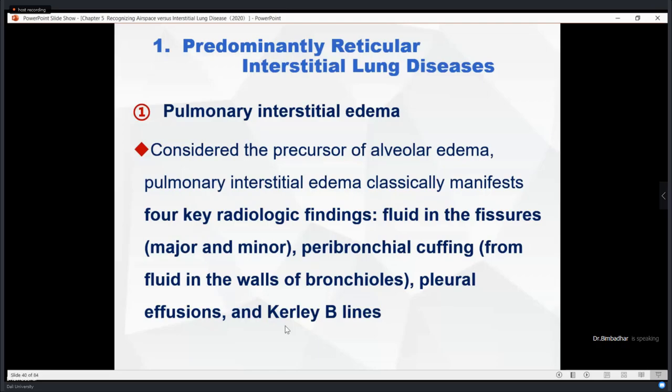Now you have to understand one thing. If you remember from last time, the pulmonary blood vessels are present within the interstitium. Yes or no? The pulmonary blood vessels are present within the lung interstitium. Yes, right? Okay. Now you have to understand from these radiographic features what you actually look for here. If there is increased capillary pressure within those blood vessels, there will be the transudative fluid.